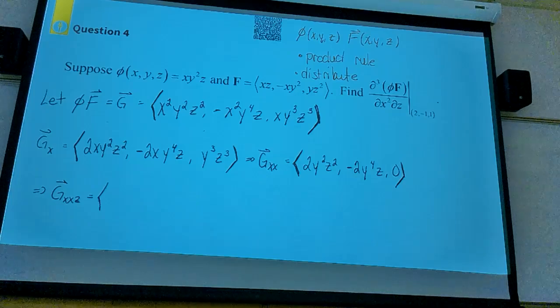Now we can go ahead and take the partial with respect to z. That's 4y squared z, negative 2y to the fourth, and 0. Which equals the one that we're looking for. So nothing new right now, right?